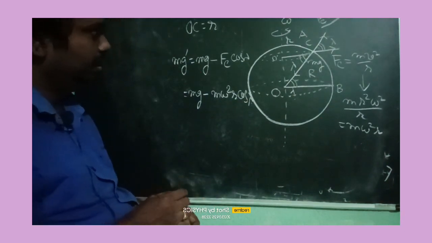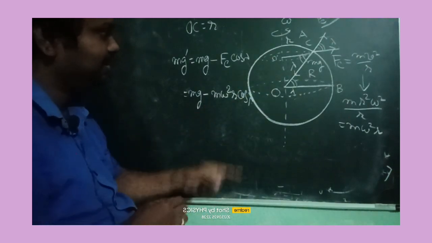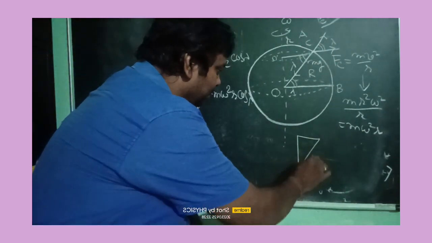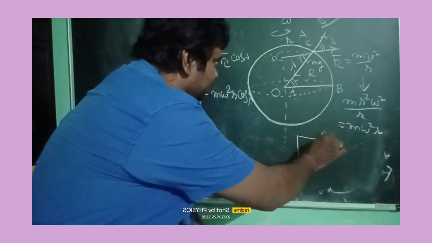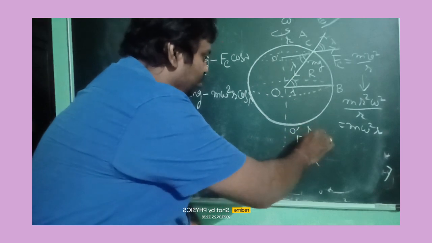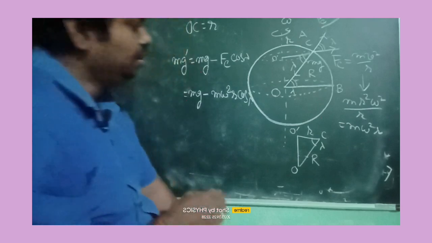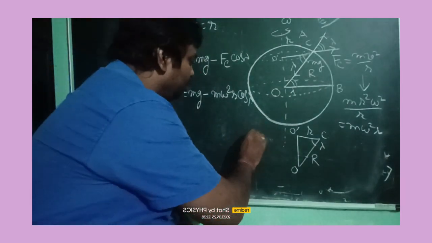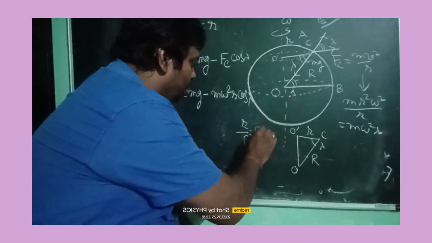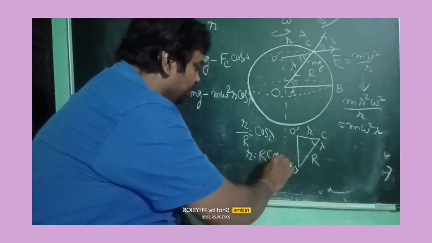Now we have to convert the small r into the capital R, the radius of the Earth. From the figure we have capital R, and the small r, and that angle is lambda. Now r is the base, so small r by capital R is equal to cos lambda. Now small r is equal to capital R cos lambda.